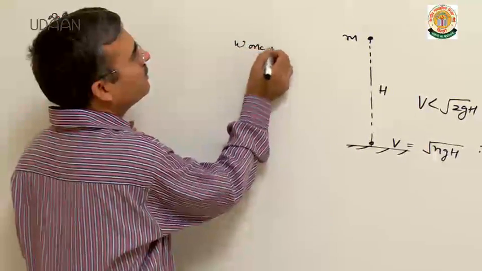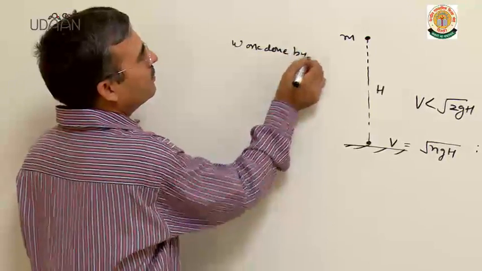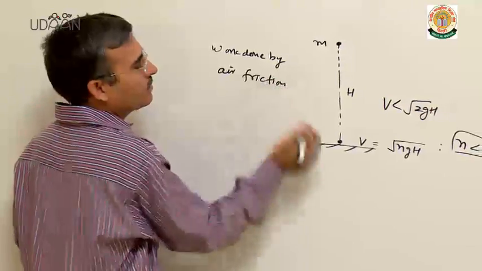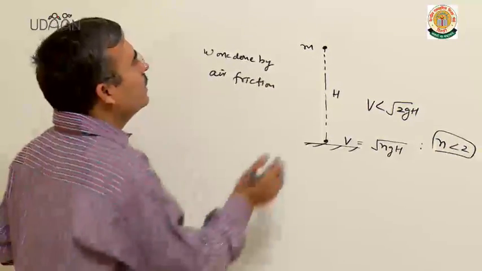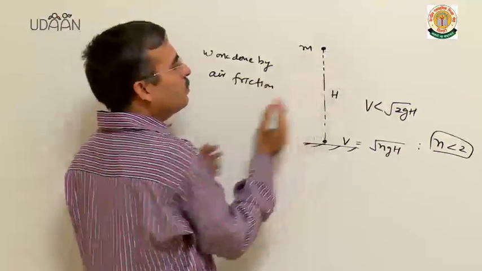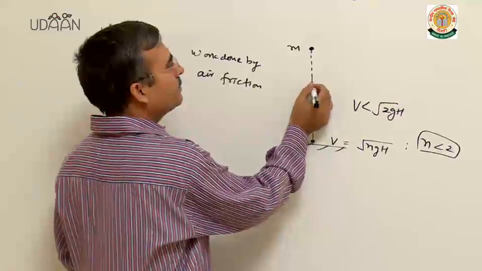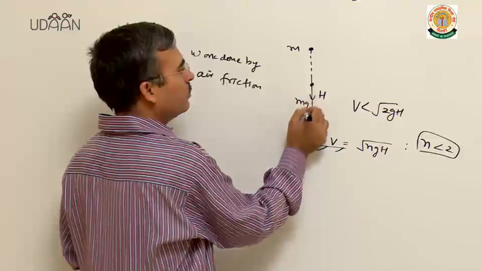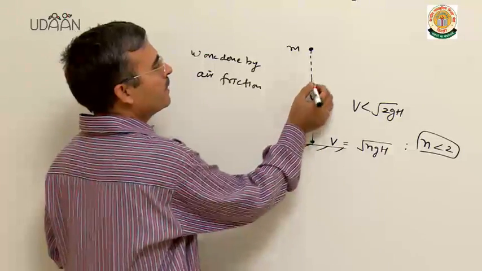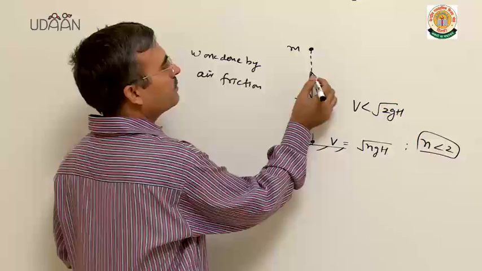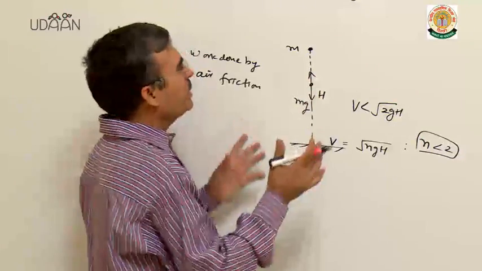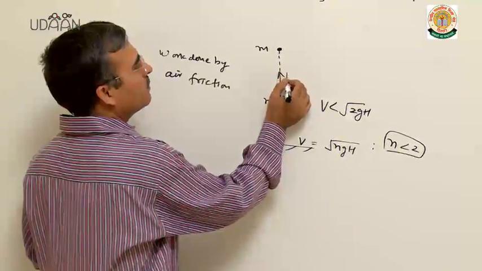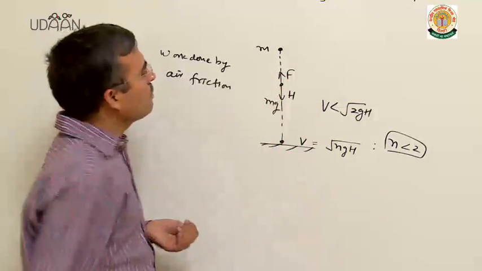Work done by air friction. Okay. Now think about the forces acting on the body. One is weight of the body. Second is air resistance by the atmosphere, that is F suppose.